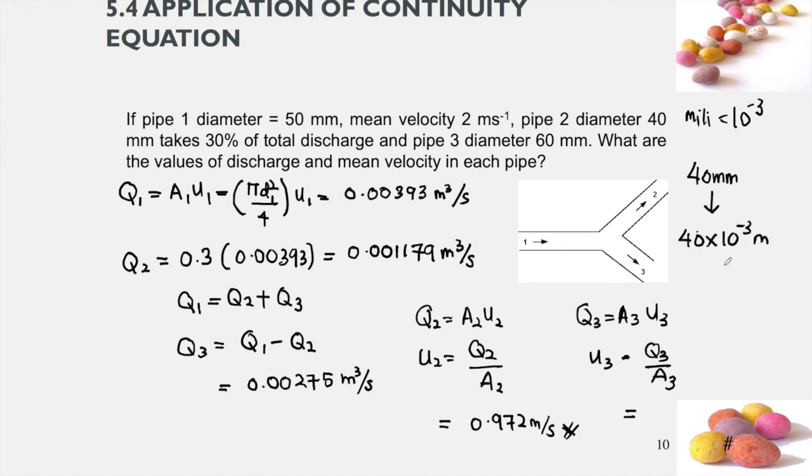So after you change into the unit of meters, then you can plug your value into pi d squared over 4. So area is pi d squared over 4. Before you substitute diameter into this equation, you must make sure that your diameter is in meter. Okay? Same goes for 60 mm.